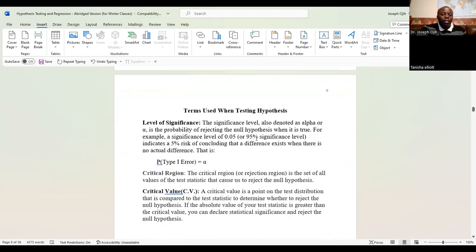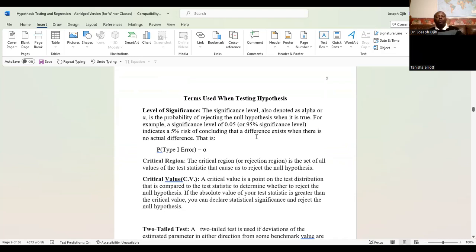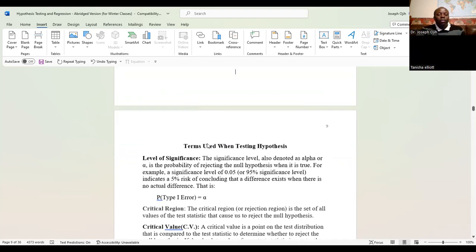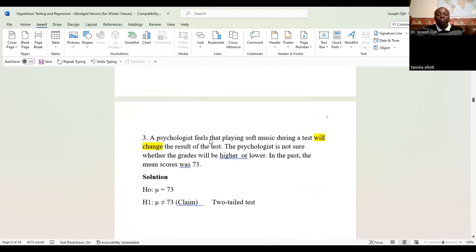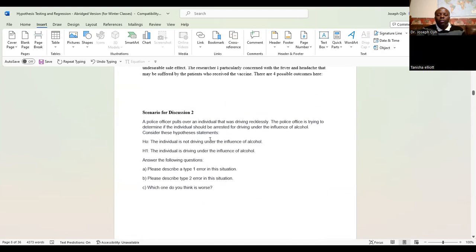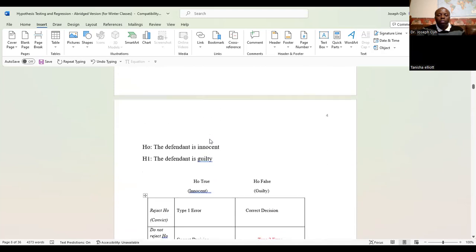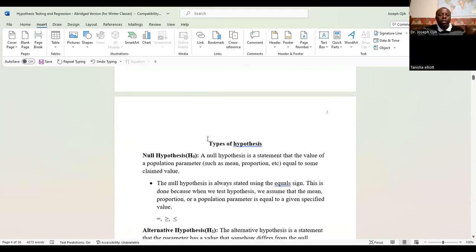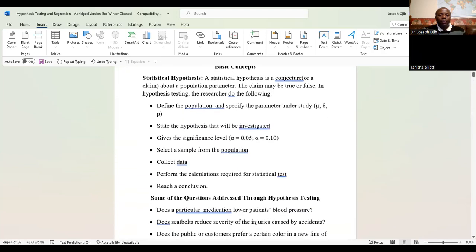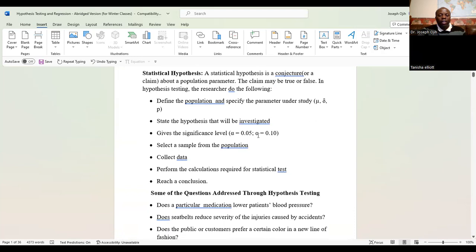So now let's look at a few terms we use when testing hypotheses. The first one is the level of significance, and we use alpha to denote that. We have seen it before when we were doing confidence intervals, and I explained it today when I introduced tests of hypothesis, the significance level alpha.